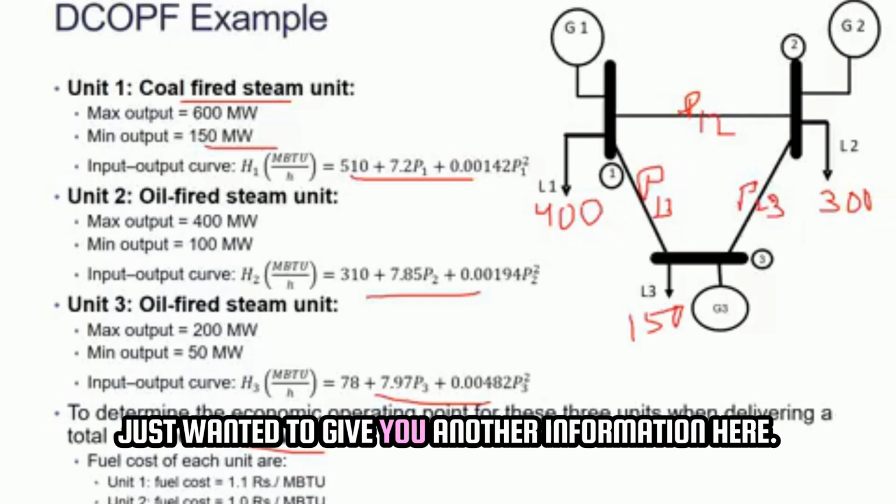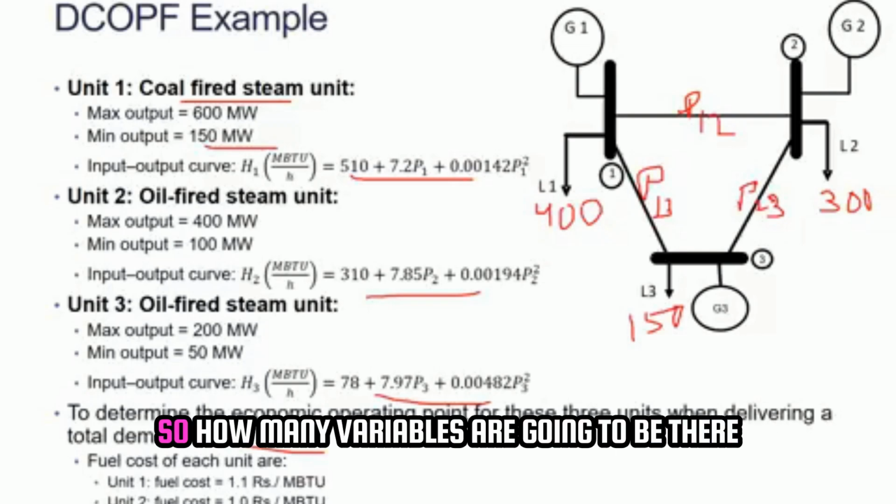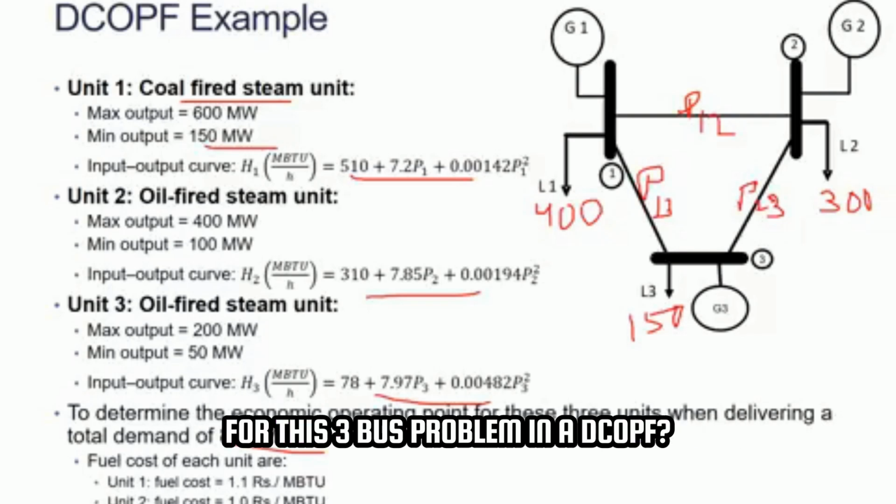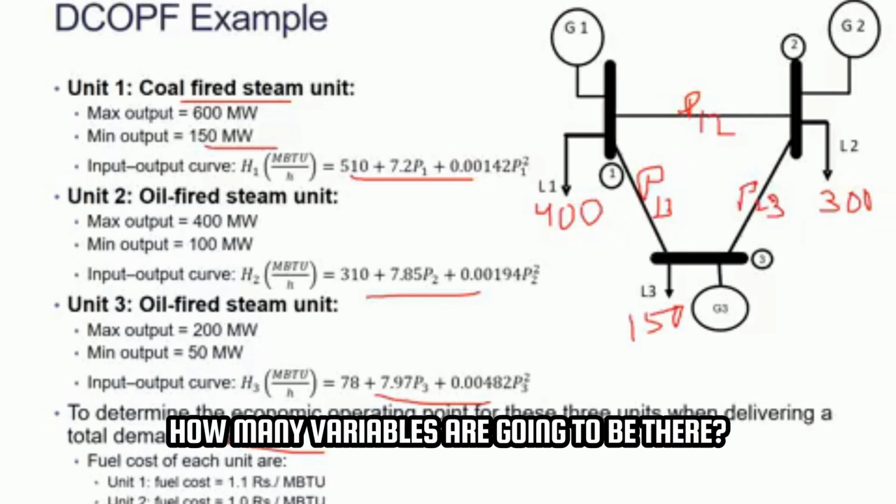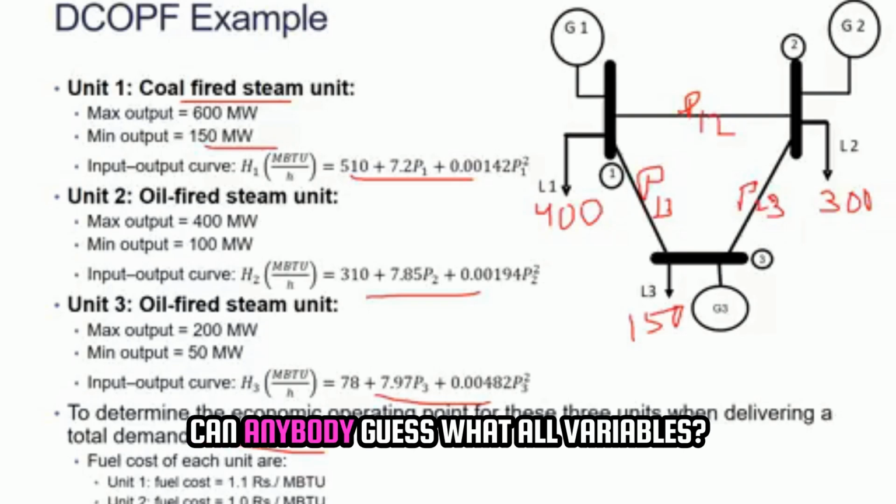Also, I just wanted to give you another piece of information. How many variables are going to be there for this 3-bus problem in a DC OPF? Can anybody guess?